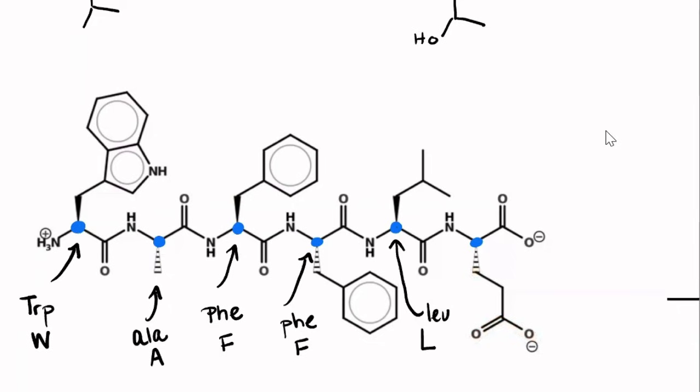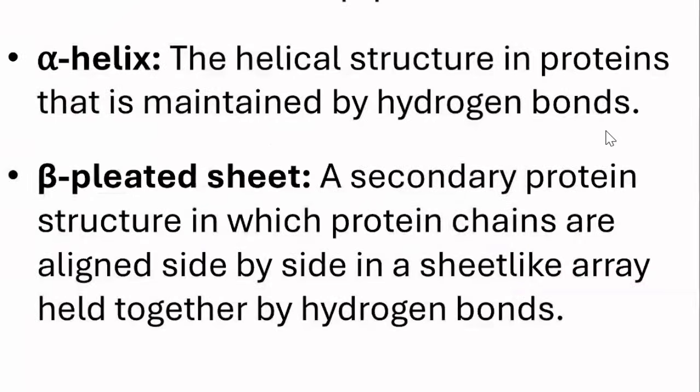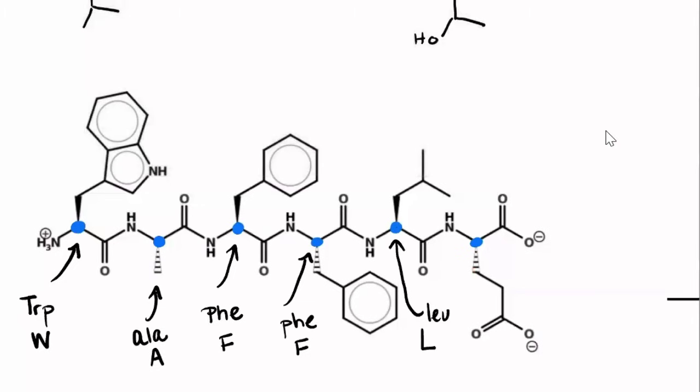When I look at my table, that actually corresponds to glutamic acid, in other words, glutamate. So the 3-letter code for this site is actually GLU, and the 1-letter code is capital E.